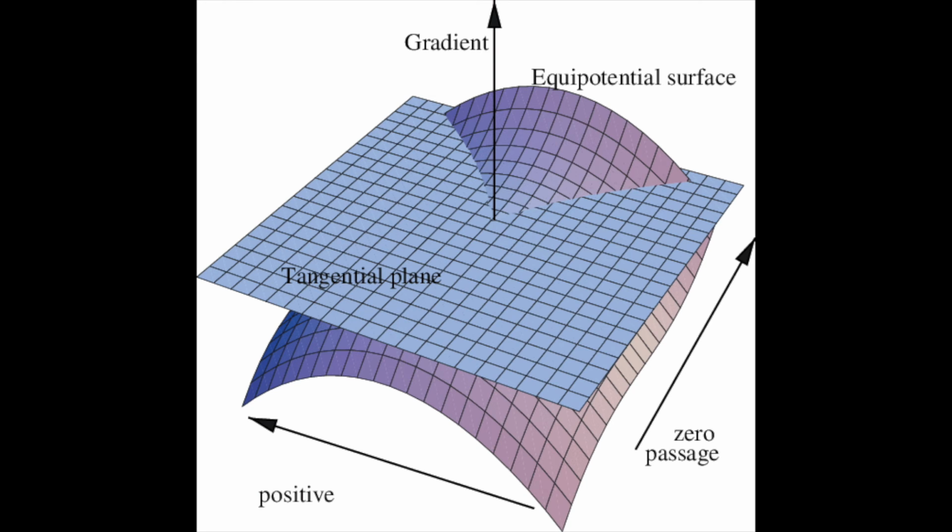For an isolated point charge, the equipotential surface is a sphere. That is, the concentric spheres around a point charge are different equipotential surfaces. In a uniform electric field, any plane normal to the field direction is an equipotential surface.